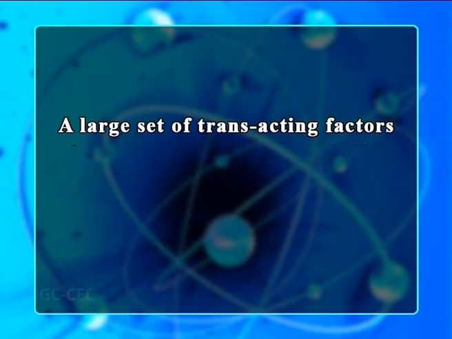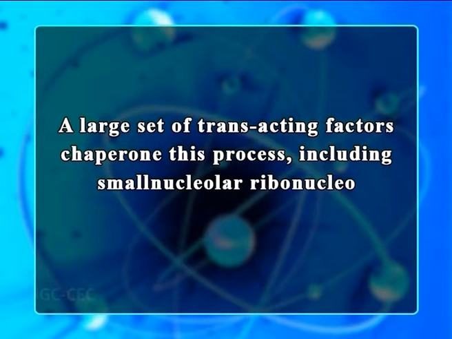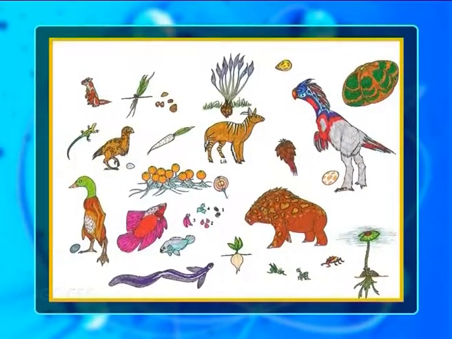A large set of transacting factors chaperone this process, including small nucleolar ribonucleoparticles. While yeast has been the gold standard for studying the molecular basis of this process, recent technical advances have allowed us to further define the mechanisms of ribosome biogenesis in animals and plants.